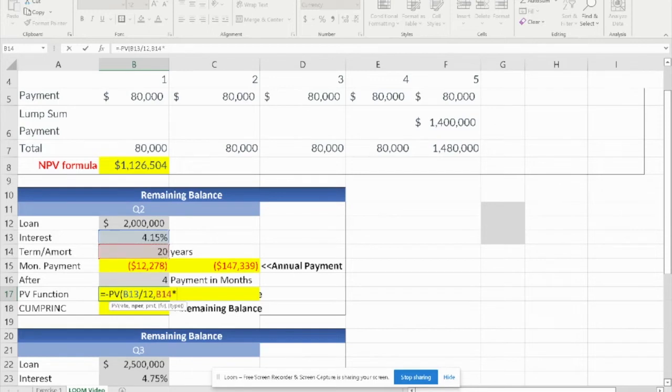But to make this simpler, I'm going to do number of payments times 12 minus the number of months after how many payments, which is the 4 payments in this case.